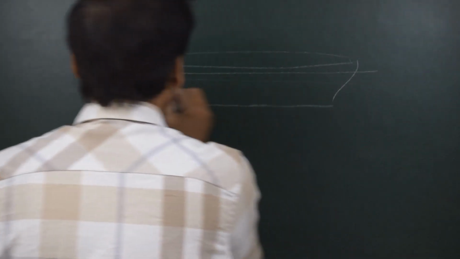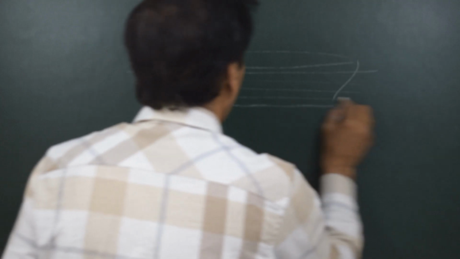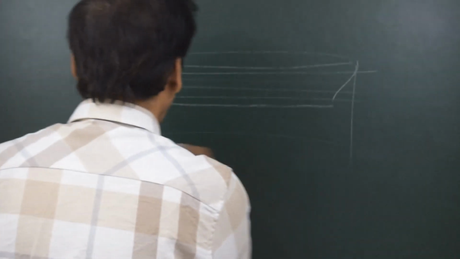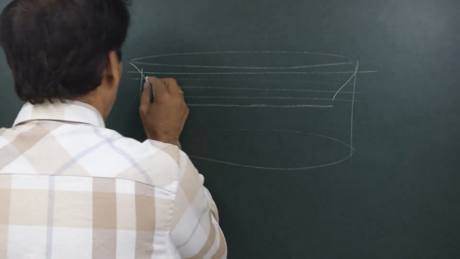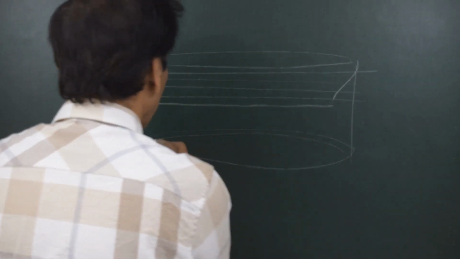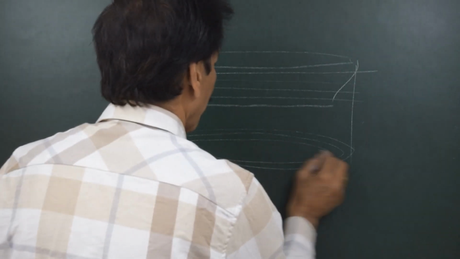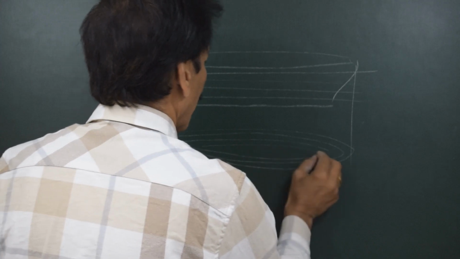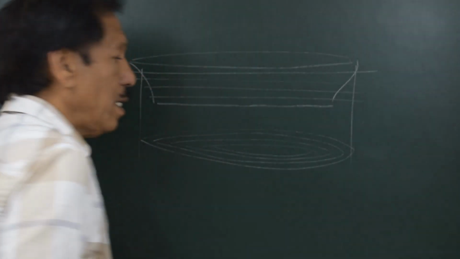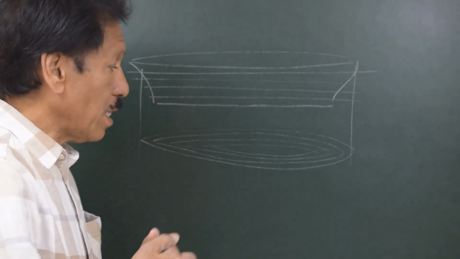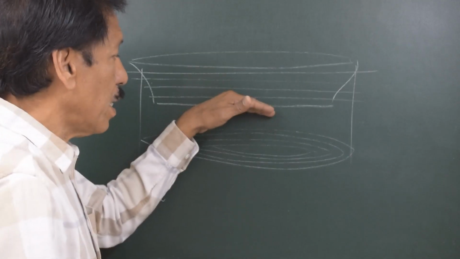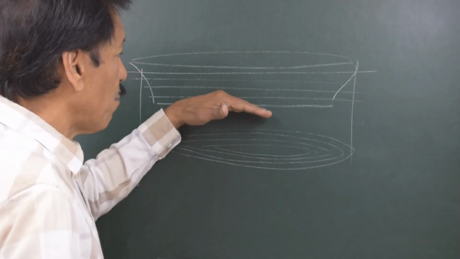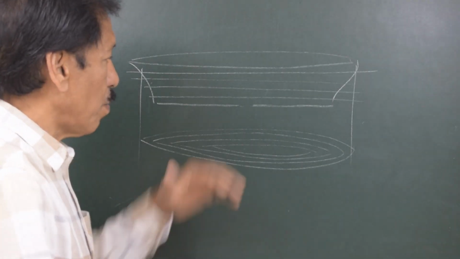At different water lines, if we know the plan view at different water lines, and if we Simpsonize, taking the bottom ordinate as the first ordinate, and then as the draft increases, we take more and more water plane area.